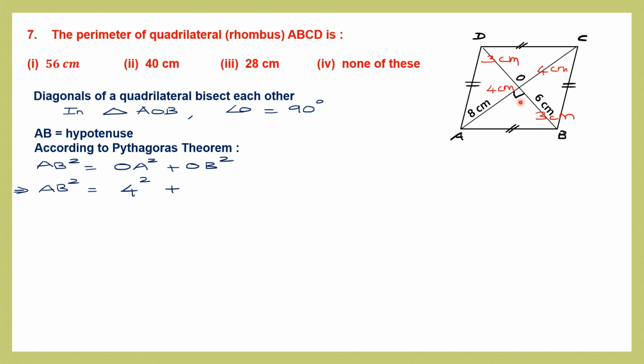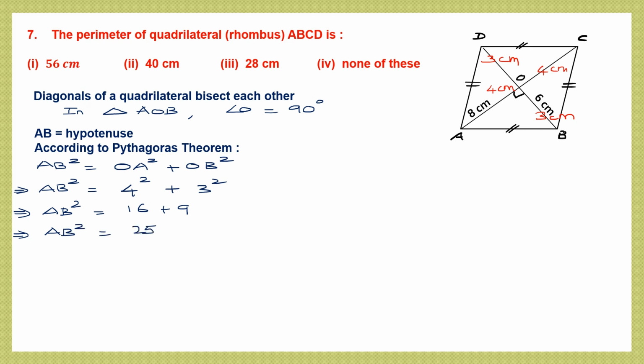Now how much is OB? OB is half of 6 centimeters, which is 3 centimeters. So that is 3 square. So AB square is equal to 4 square, which is 4 fours are 16, plus 3 square is 9. So AB square is equal to 25.